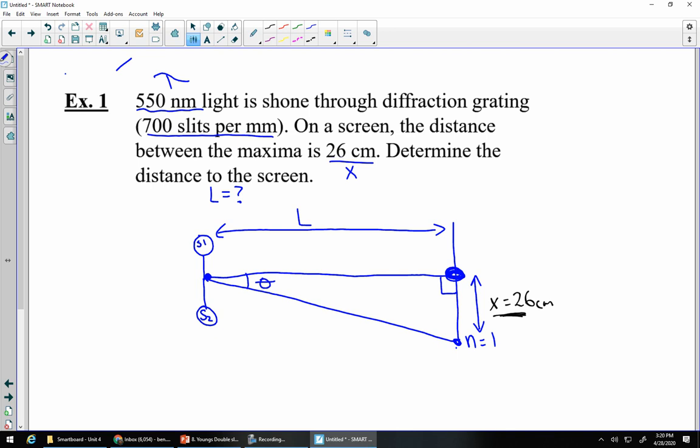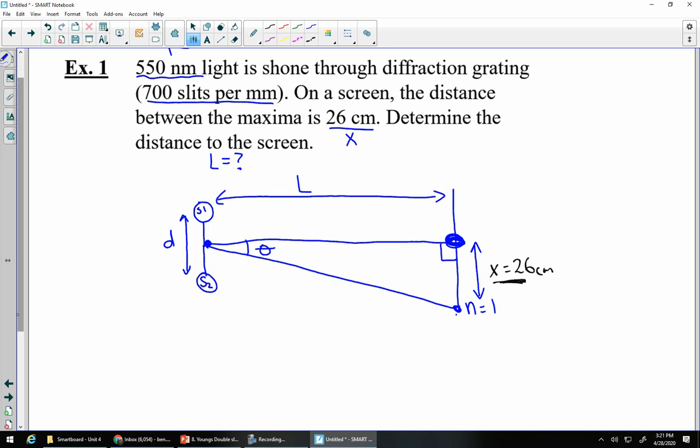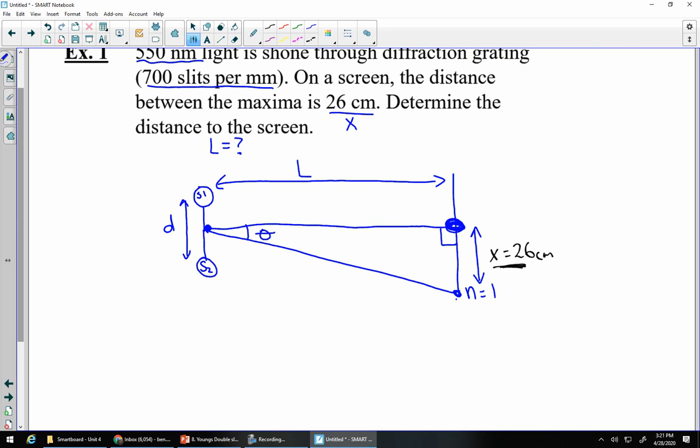Cool. So let's deal with that diffraction grating. 700 slits per millimeter. What that's going to give us is actually D in our formulas, the distance between the slits or the distance between the openings. We just need to figure that out and convert that. So D is the distance between slits. I've got 700 slits per millimeter.